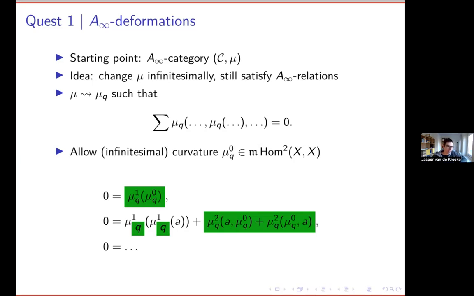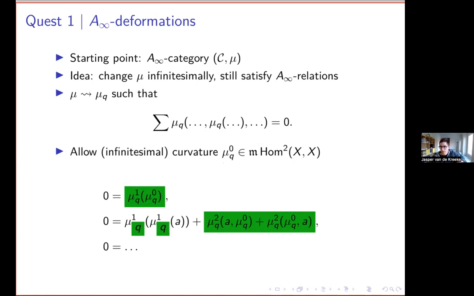Now, some of you may know that just doing this procedure is not good enough from a perspective of the deformations via the DGLA. And what you actually should allow is also to allow some infinitesimal curvature to come in.